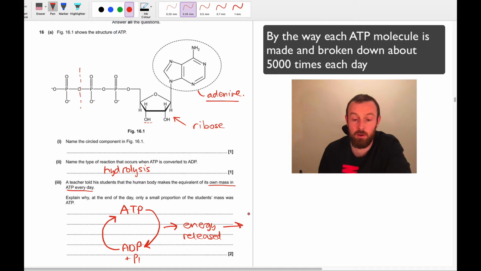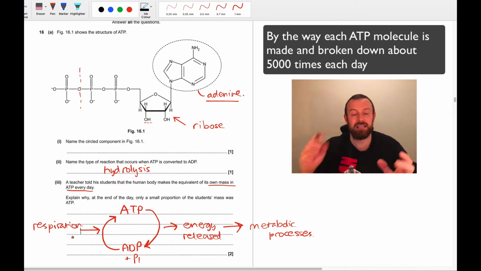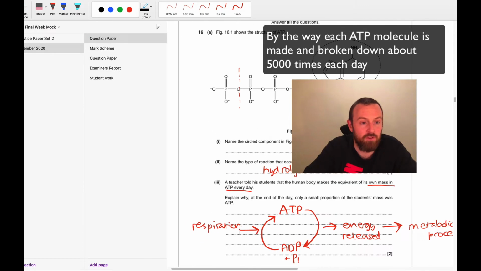Well, it's used to power metabolic processes. And on the other side, respiration of food regenerates ATP.